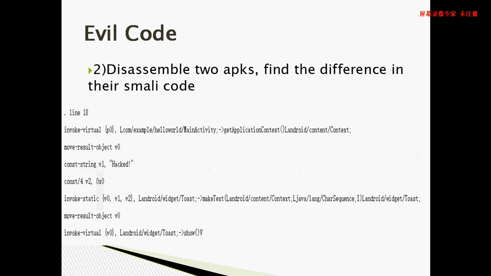So we disassemble these two APKs, the new Java codes, and we view the evil code. This is the disassembly of the evil code, which is illustrated in the picture.